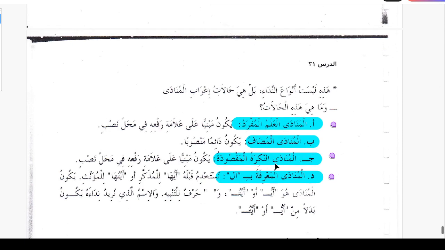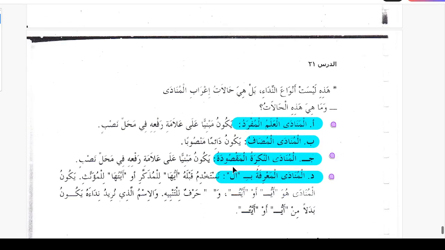And the third one is Munada Nakiratul Maksudatu. So the third is Ya Rajulu. You are calling a man you know, or you are in front of him, you are seeing him. So that is Maksuda, means that is the person intended. You want to call a person, that is the intended person you want to call, and is nakira.